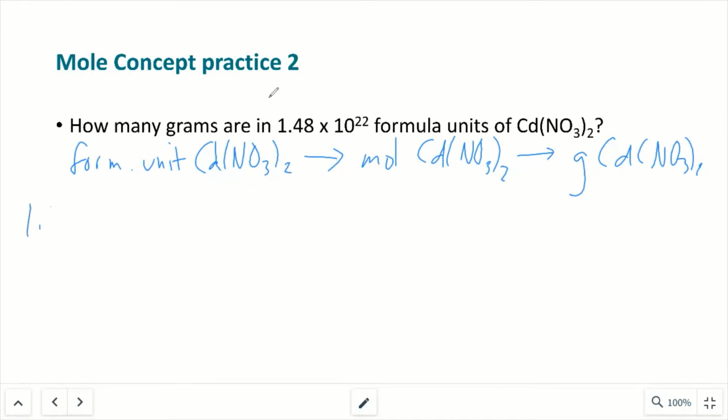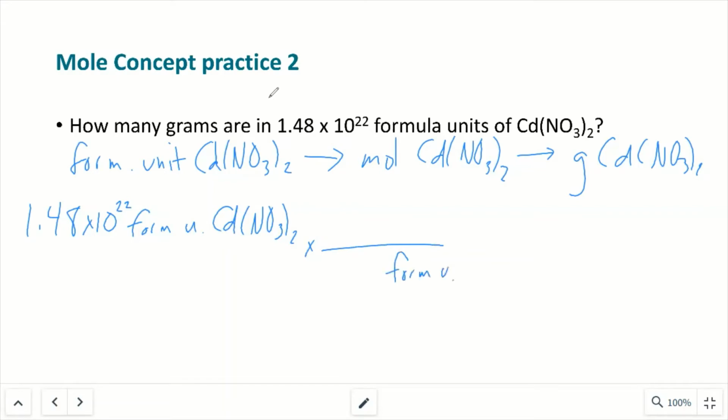So starting with 1.48 times 10 to the 22nd formula units of cadmium nitrate. My first step is to convert those formula units into moles.